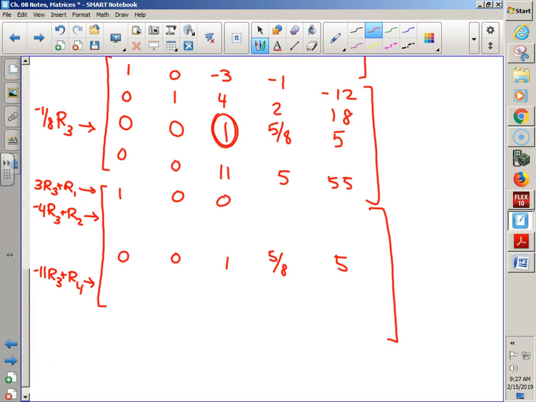Can I show you guys a little bit of a strategy? Is that okay? Because this fraction, a lot of you are hating right now, right? If I have to deal with 8ths, I'm actually going to think about this guy as negative 8 over 8, this guy as 16 over 8, and this guy as 5 times 8, 40 over 8.